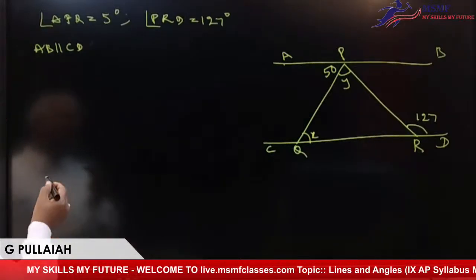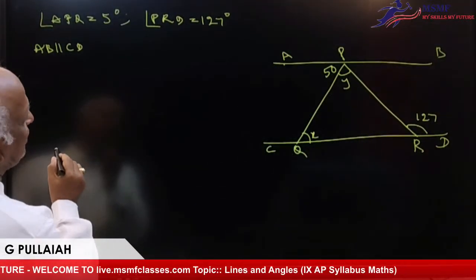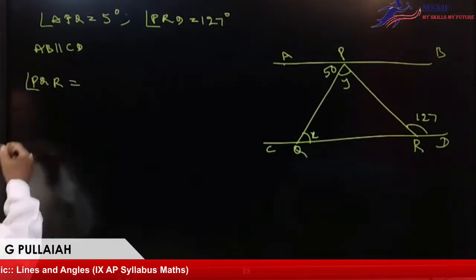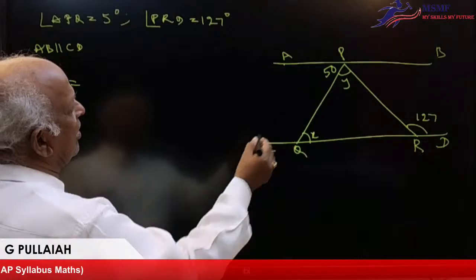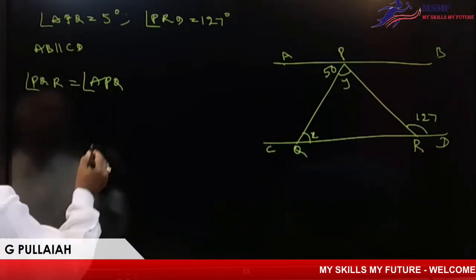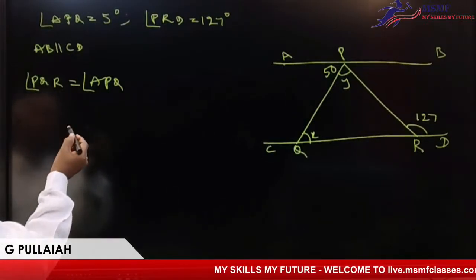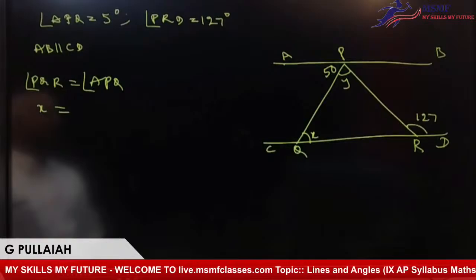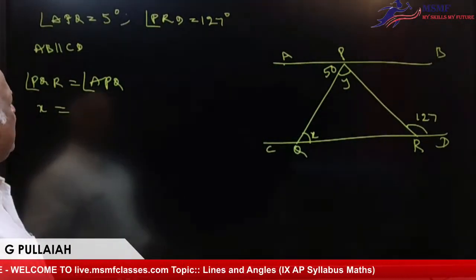So here I can say angle PQR is equal to angle APQ. Angle PQR is x degrees, and here APQ is 50 degrees.